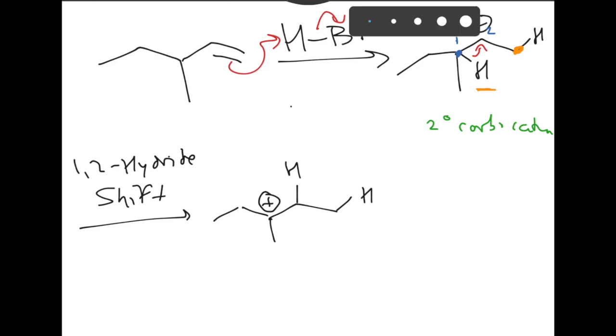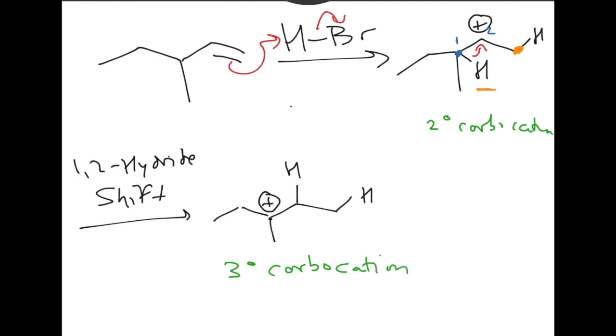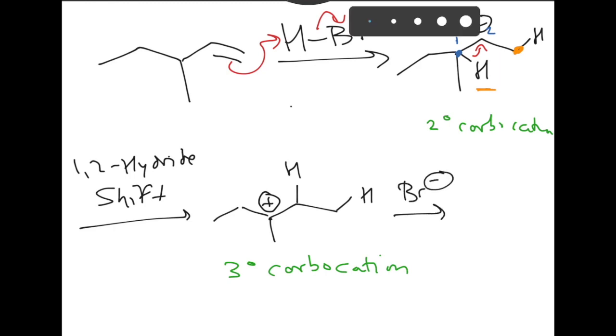So now I have a tertiary carbocation that is more stable than a secondary carbocation. So I'm going to do that shift. Now, this is the carbocation that is around for my bromine, for my bromide to react with.